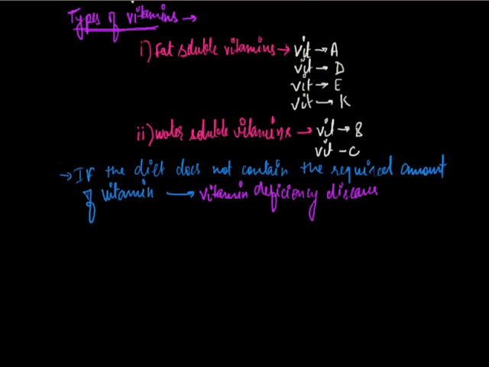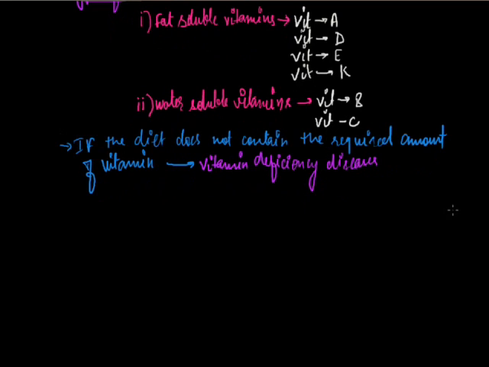For example, if deficiency of vitamin A occurs in our body, vitamin A also called retinol, the deficiency disorder will be night blindness.